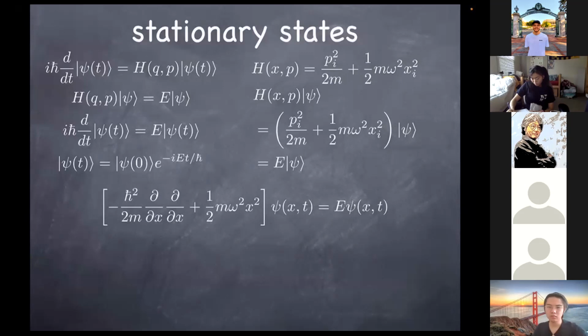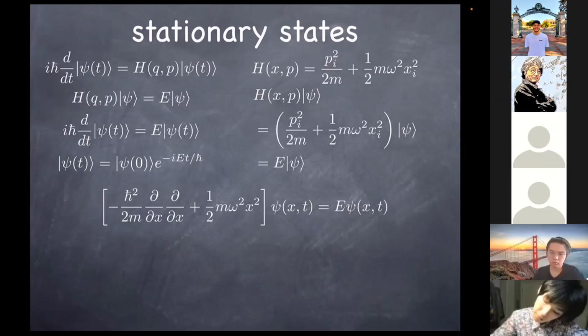Once again, p is now replaced by h bar over i times the x derivative. So p squared over 2m is now a derivative operator acting on the wave function psi. Now x is a coordinate instead of the operator in the initial part of this slide. And then this eigen equation of the Hamiltonian is now written as an ordinary differential equation for a wave function that depends on x.